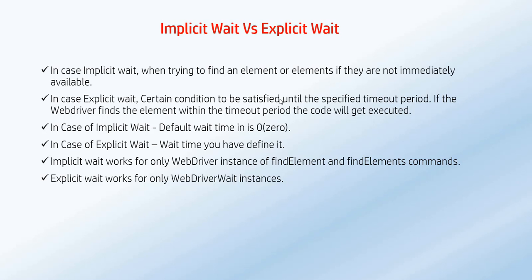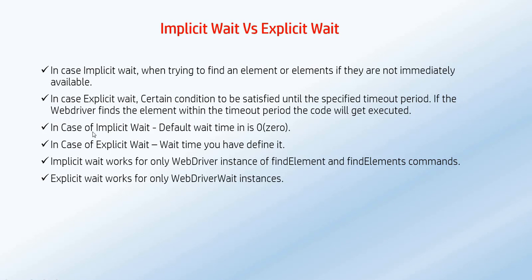Say for example you have done some operation on one page, and on another page that value should get displayed. Suppose you have submitted an addition of 2 numbers, and that result should be seen on some other page after clicking on some other links. That time you have to wait for that particular specified time, and you have to implement explicit wait in such conditions.